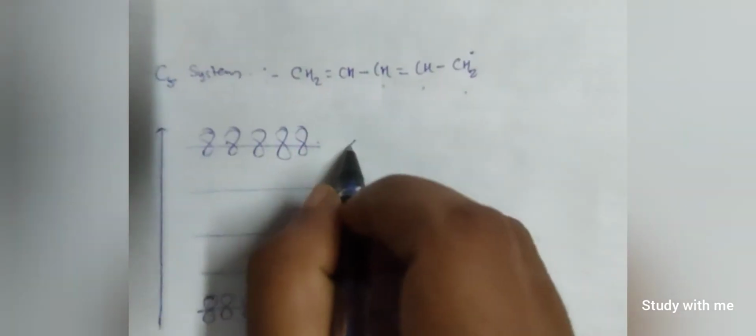The second one will have 1, then 2, then 3, then 4. The first one will all have positive signs. Then the second one will have 1 node, so I introduce the node in the center, and both sides have 2 orbitals; these will be positive, and here is a node, and these 2 will be negative.